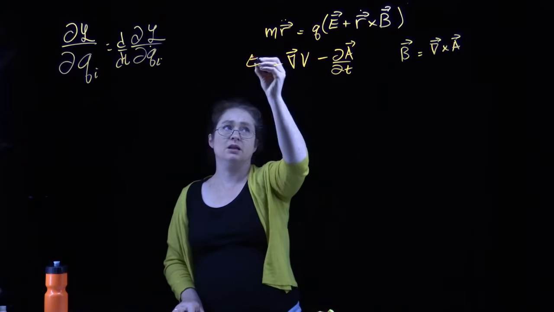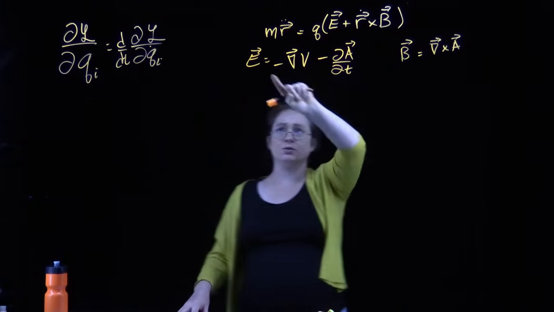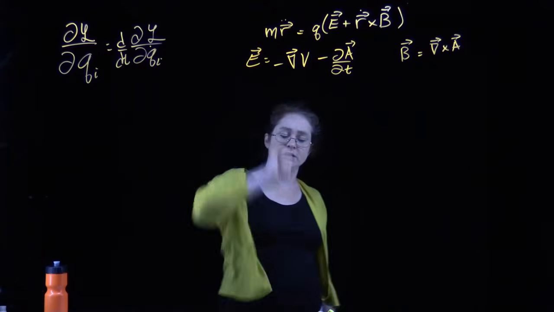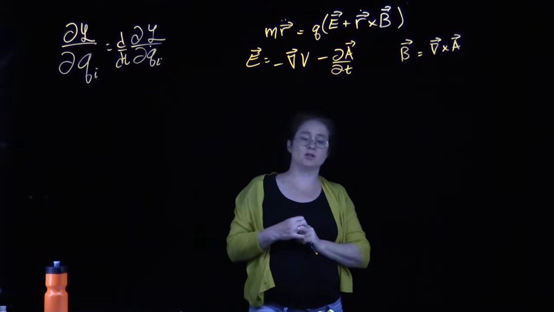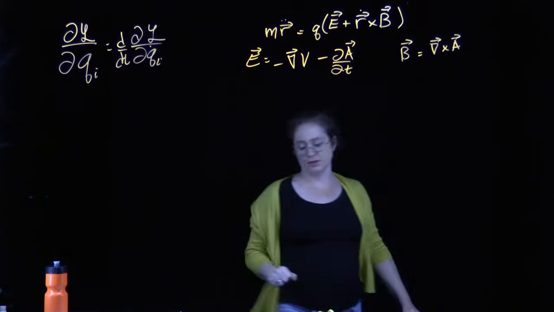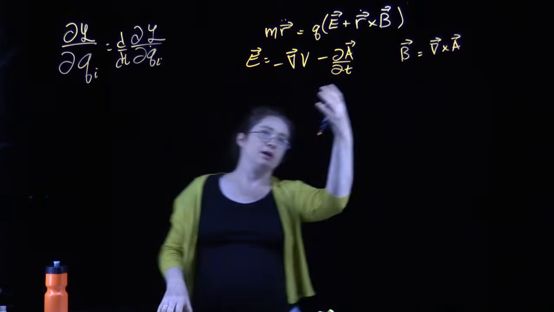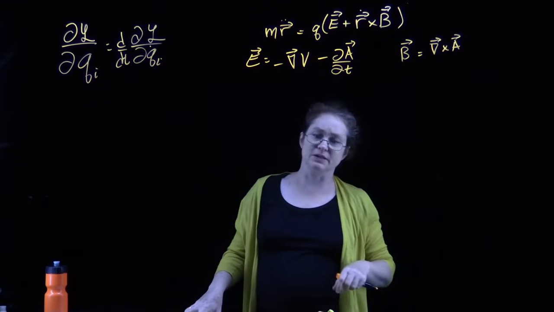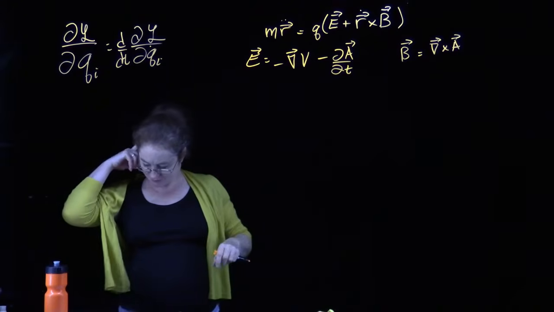And so the net electric field is this. So the electric field has a component from the gradient of the potential and also a time derivative of the vector field. So a changing magnetic field leads to an electric field.